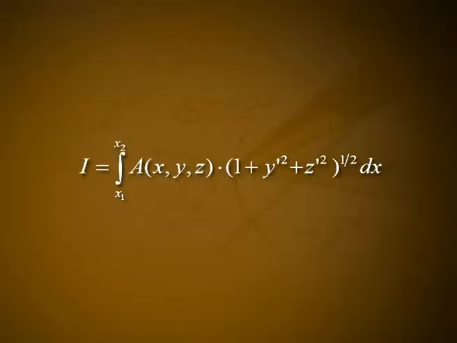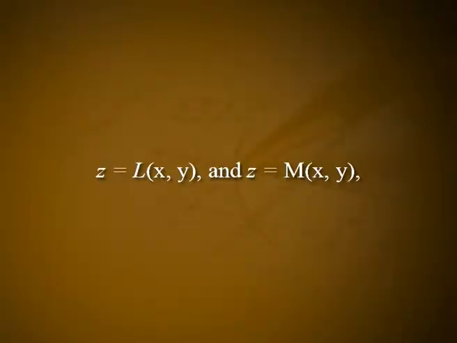It may be easily seen that for the functional I = integral from x1 to x2 of A(x, y, z) (1 + y'^2 + z'^2)^(1/2) dx, with the endpoint (x2, y2, z2) lying on the surface z = phi of x, y, the transversality condition reduces to the orthogonality condition of the extremal to the surface.